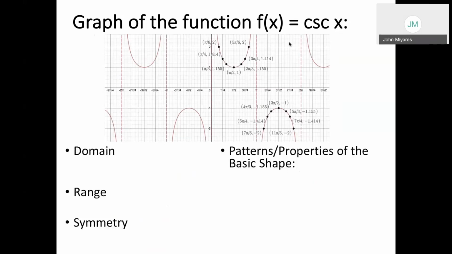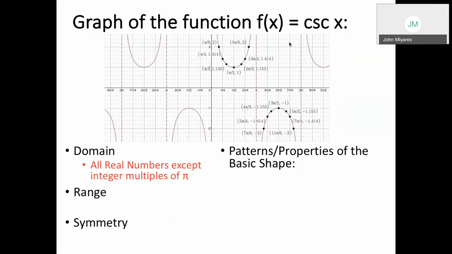Looking at the properties, the domain this time will follow more what we saw with the cotangent, in that it will be all real numbers except integer multiples of pi, where the function is going to have these periodic asymptotes. This is because, like with cotangent, those are where the values of y, your opposite side that you're dividing by, will equal 0 in your reference triangles.